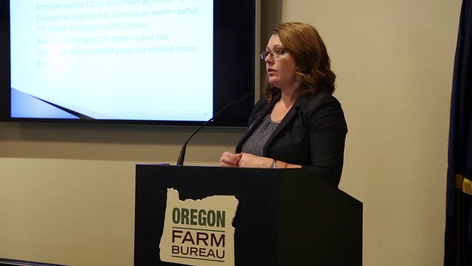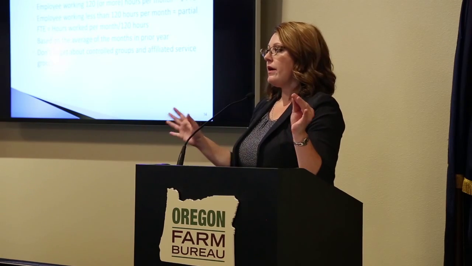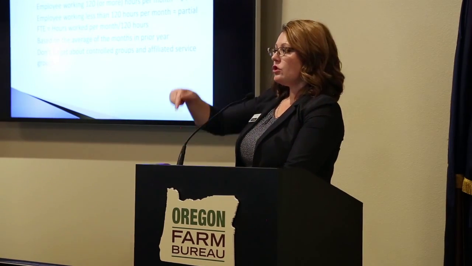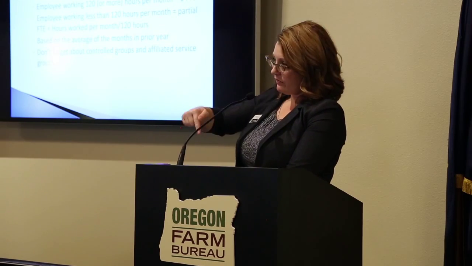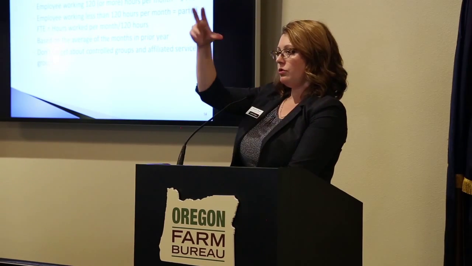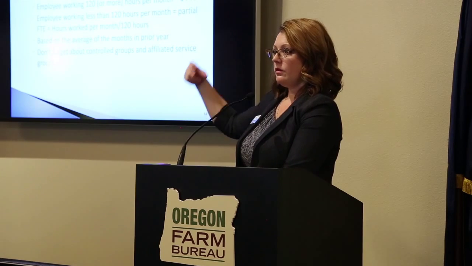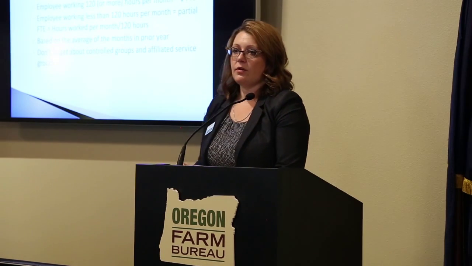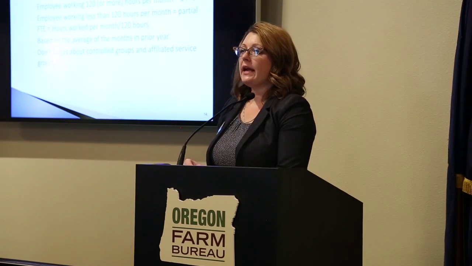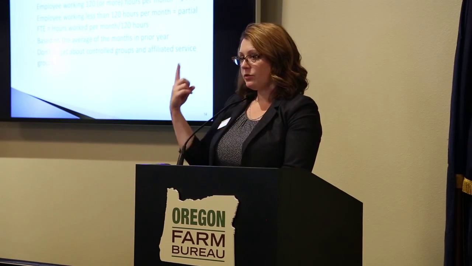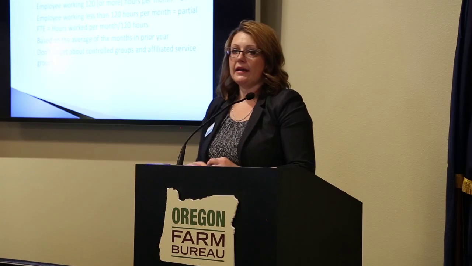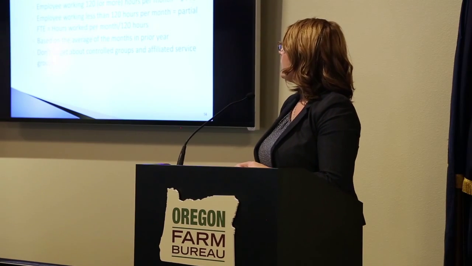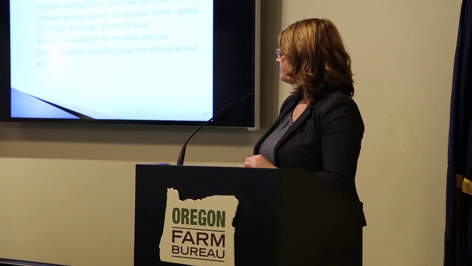When you're saying, okay, where am I on 1/1/16, you're going to look back to January of 2015, February, March, April. You're going to do monthly counts for each month. And the way you count is if you have an employee that worked 120 hours in January, they count as one, and then you add up all your ones, all your people that worked over 120 hours.